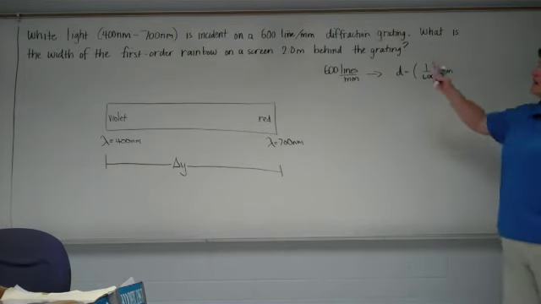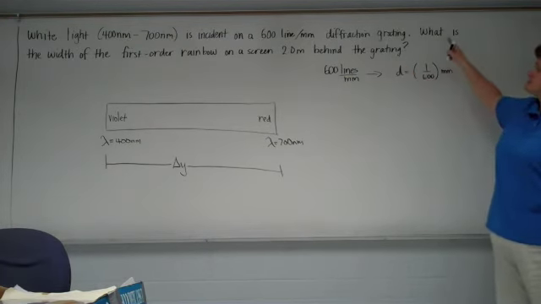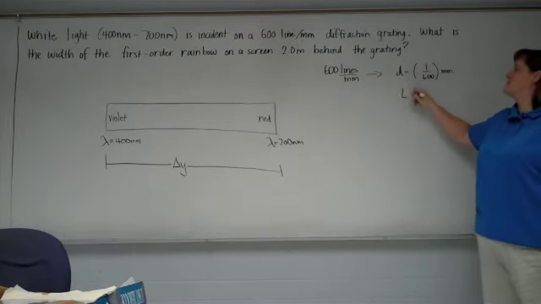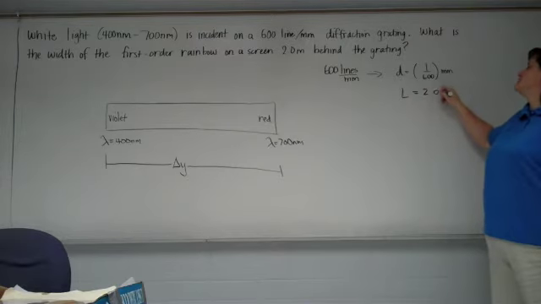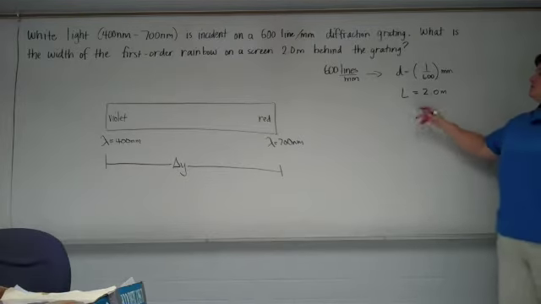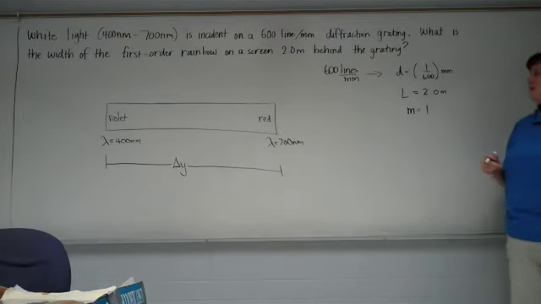So that's how far apart the slits are. We know L is 2, so the first order rainbow is on the screen 2 meters behind the grating. So L is 2 meters. It's the first order rainbow, so m is 1, exactly right.